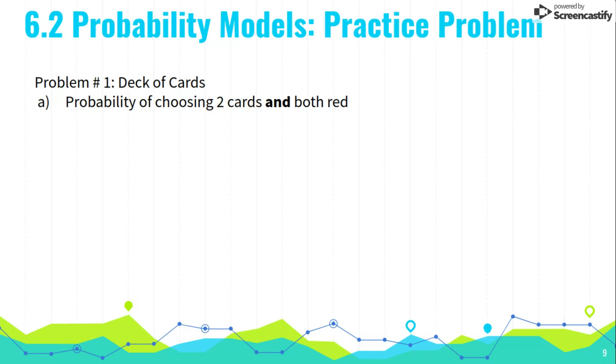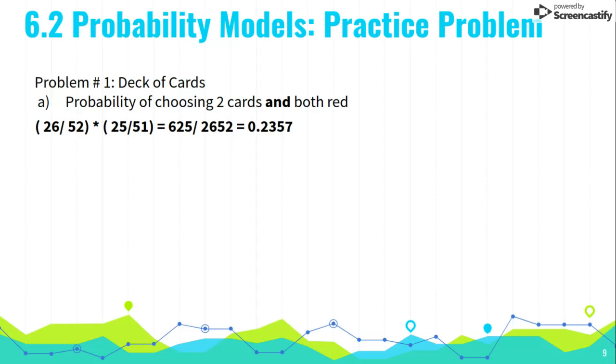And the practice problem for that would use a deck of cards. What's the probability of choosing 2 cards and both are red, without replacement? The probability of the first card being red is 26 out of 52, because there are 26 red cards in a deck of 52 cards.